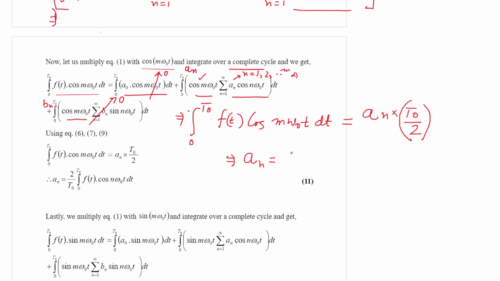An is equal to 2 by T naught, multiplied by the integral from 0 to T naught of f(t) cosine m omega naught t dt. So this is the formula of an.